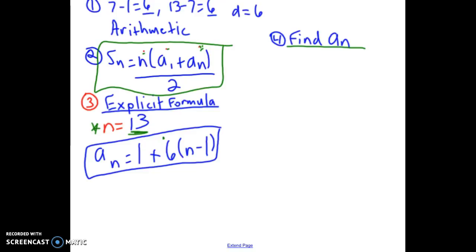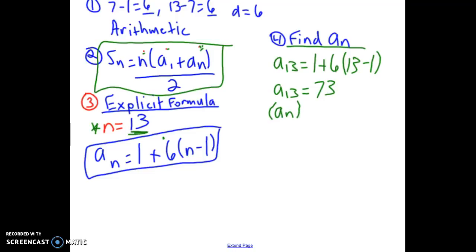If I want a sub 13, I write a sub 13 equals 1 plus 6 times, instead of n, 13 minus 1. And that math is 73. So my 13th term is 73, and technically, this is a sub n for my formula's purposes.